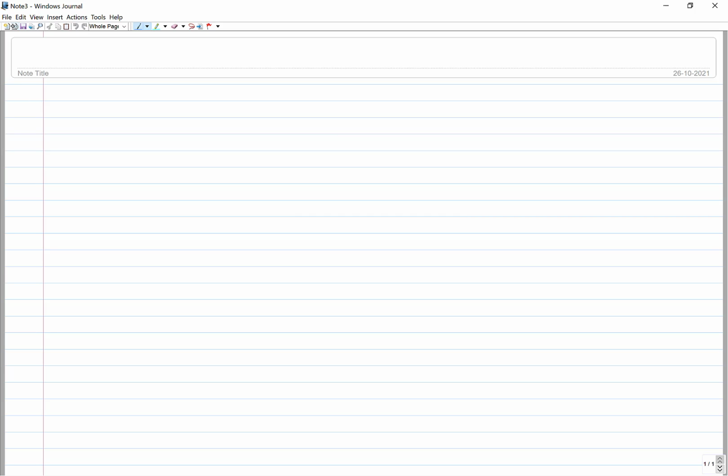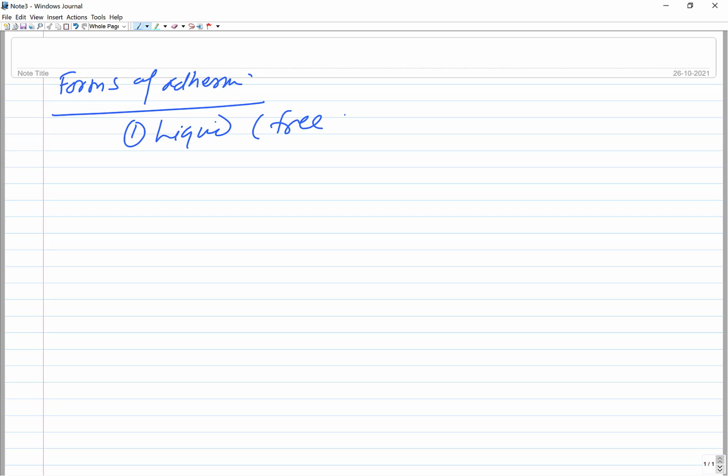Now, in which form these are used and what these are basically, I have talked about a number of types of adhesives and their specific compounds. So, the forms in which these adhesives are used. One, the most common, is the liquid one, where it is free flowing.